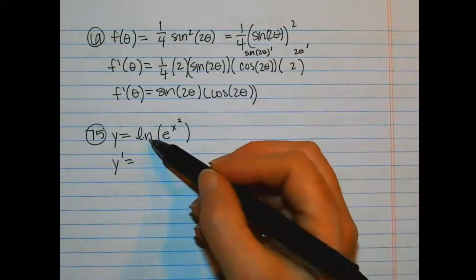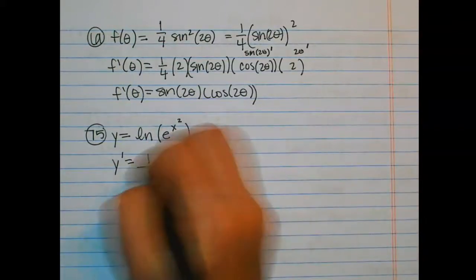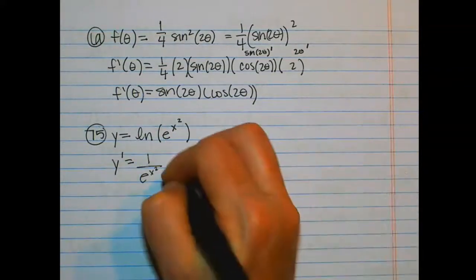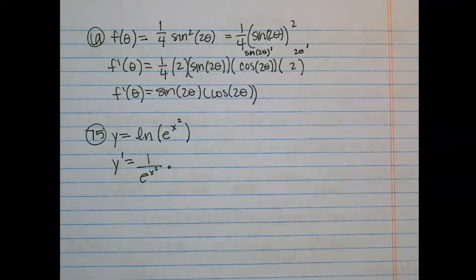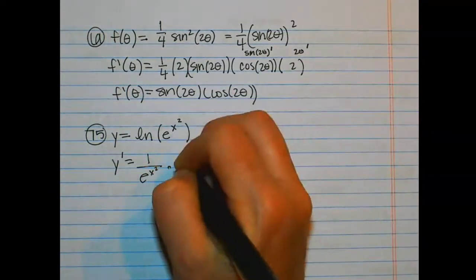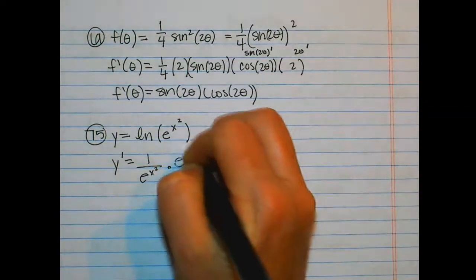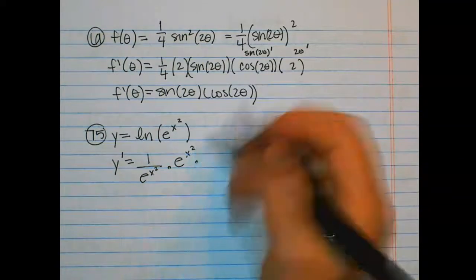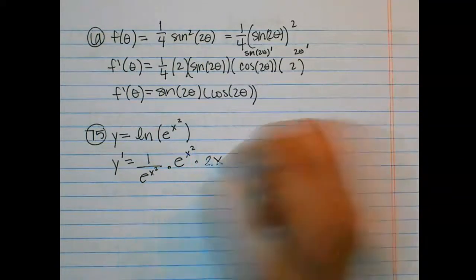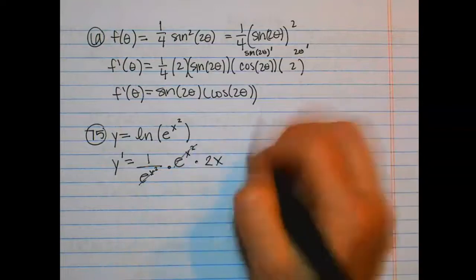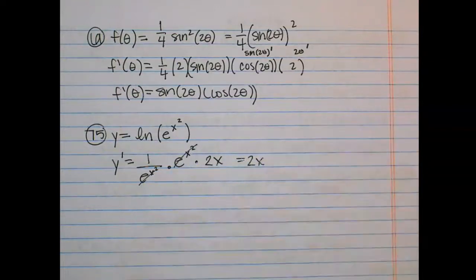The derivative of natural log is 1 over the argument, e to the x squared, times the derivative of the baby, which is, for e, e to the x squared, it's the same thing, times the derivative of its argument, which is 2x. E to the x squared cancels, and this derivative is 2x.